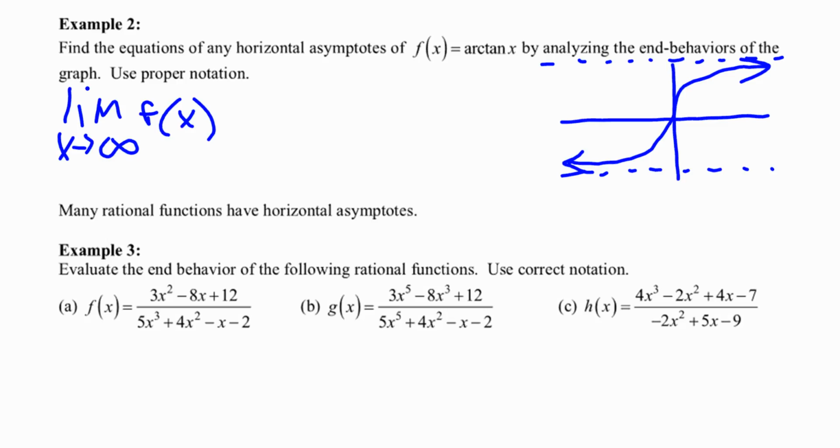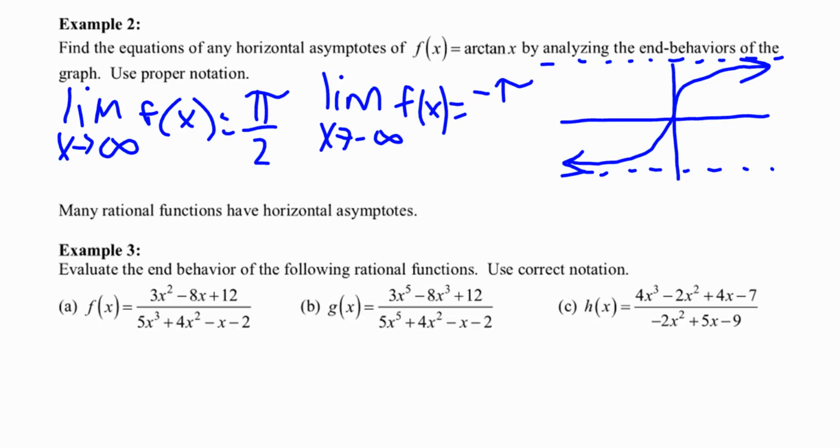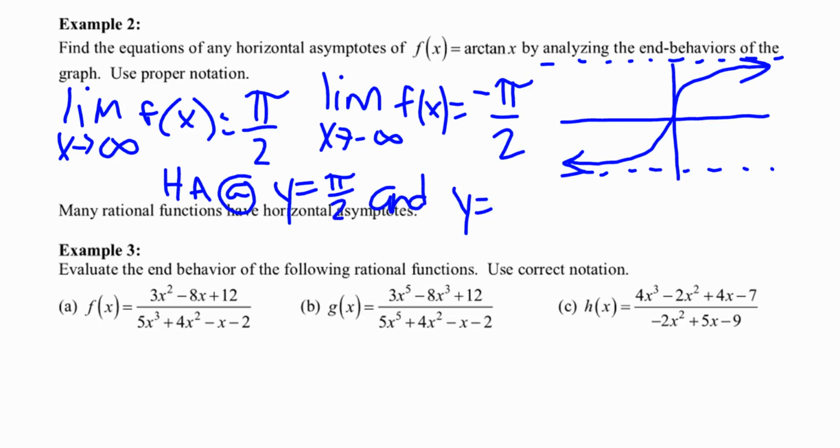As x approaches infinity, y approaches pi over 2. Now, as x approaches negative infinity of arctan of x, it approaches negative pi over 2. So that means that we have a horizontal asymptote at y equals pi over 2 and y equals negative pi over 2.